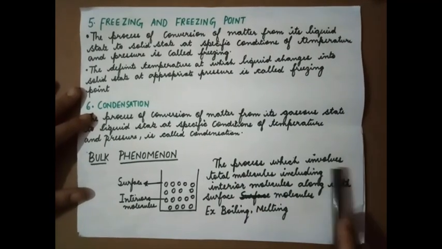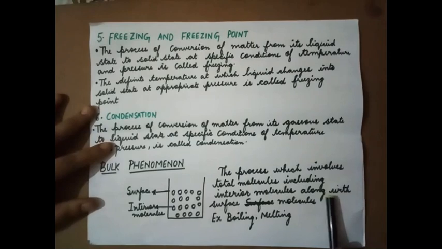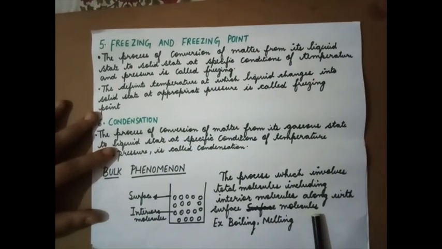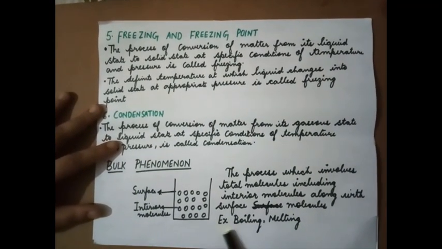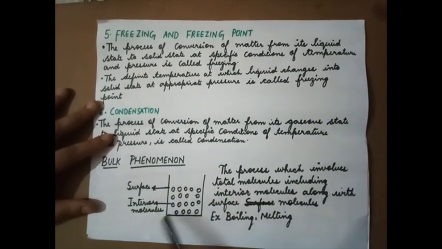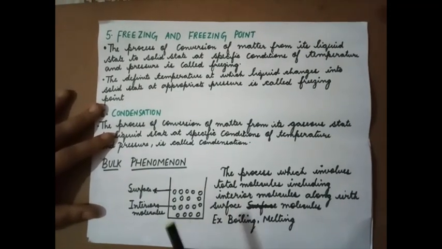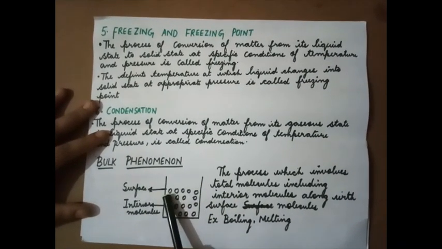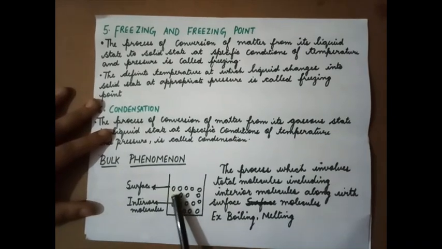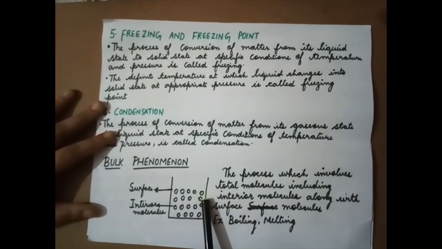The process which involves total molecules, including interior molecules along with surface molecules. Example, boiling and melting. Now let's take the example of boiling to understand this bulk phenomenon. Here the molecules that are found right on top are known as your surface molecules.